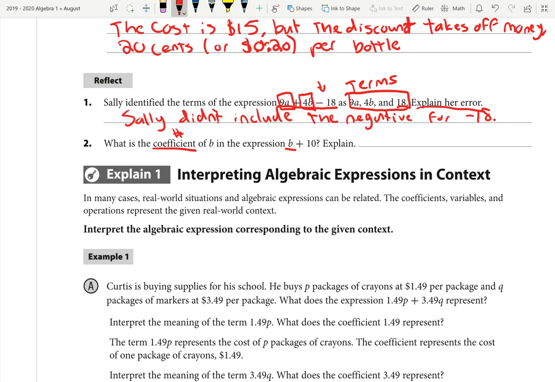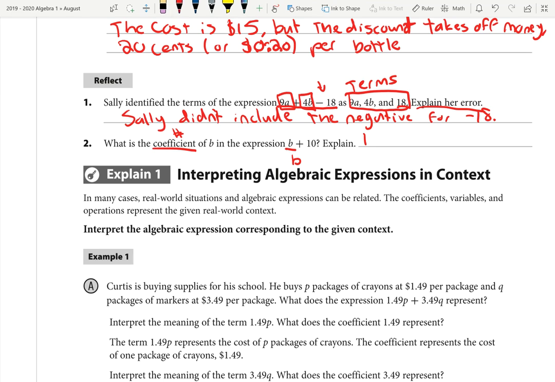That number, it's invisible, but it is 1. b is the same as just 1b. But they never write 1. When it's just 1, they never actually write the 1. They always kind of leave it invisible because it's sort of redundant. Everybody who's learned this knows that if they just see b, it's implied to be 1b.